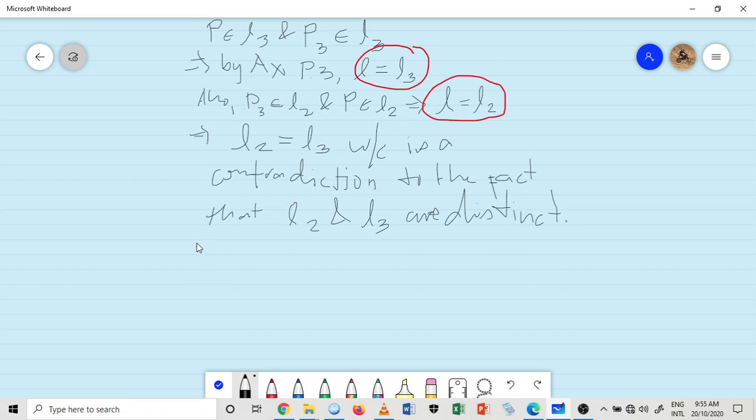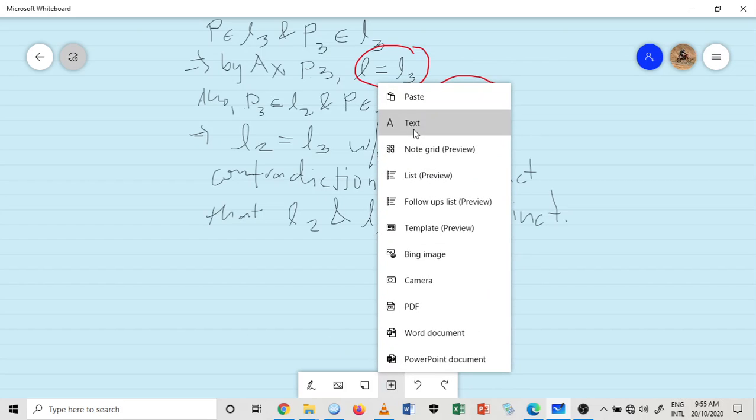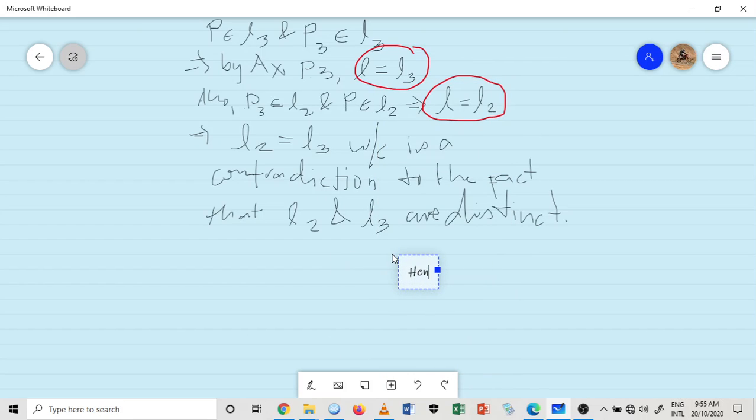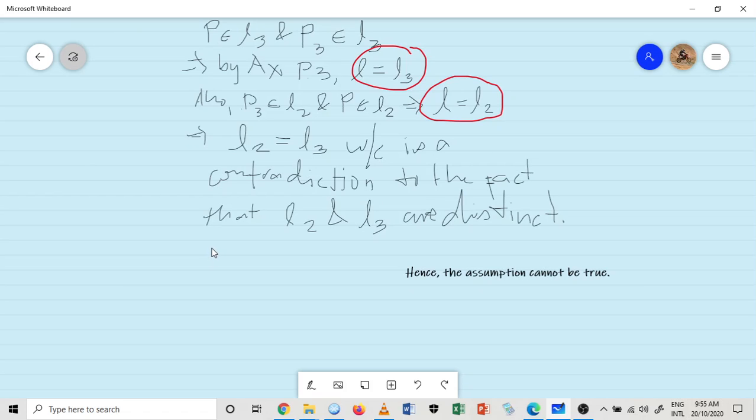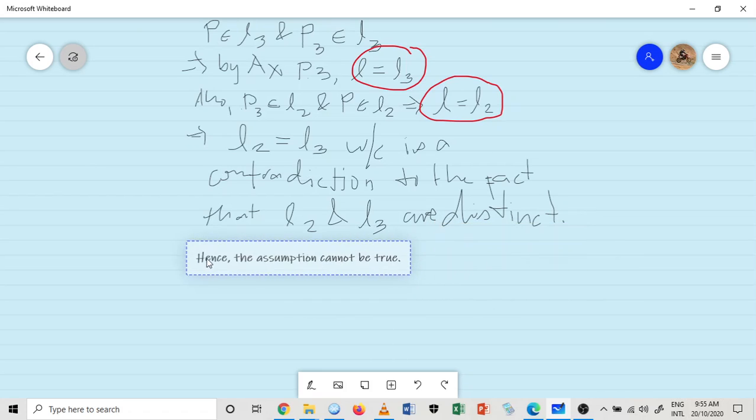Hence, our assumption cannot be true. What assumption is that? That for every 4 lines there should be 3 that are concurrent.